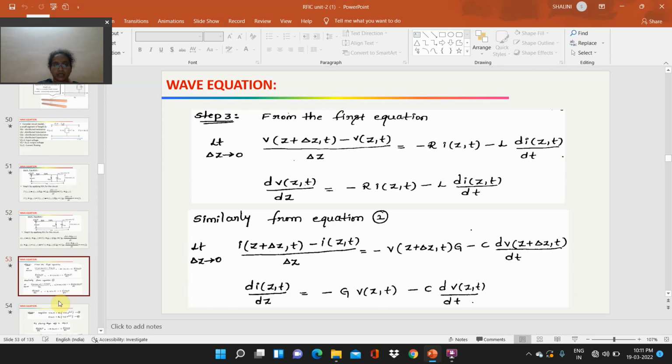From the first equation, taking the limit delta Z tends to 0, V of Z plus delta Z comma T minus V of Z comma T by delta Z is equal to minus R I of Z comma T minus L di of Z comma T by dt.